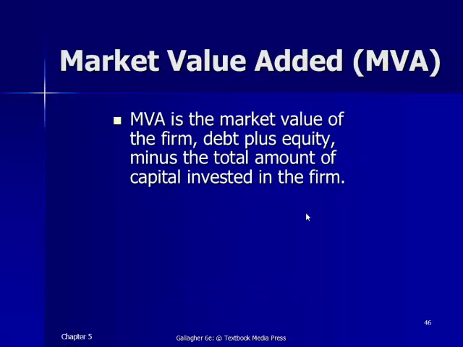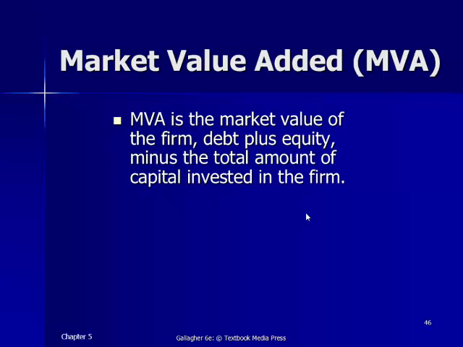A related measure is the market value added, or MVA. This is the market value, not the value on the balance sheet, the market value of the firm, its debt plus its equity, minus the total amount of capital invested in the firm. And so this gives us a feel for how the market is viewing our debt and our equity.